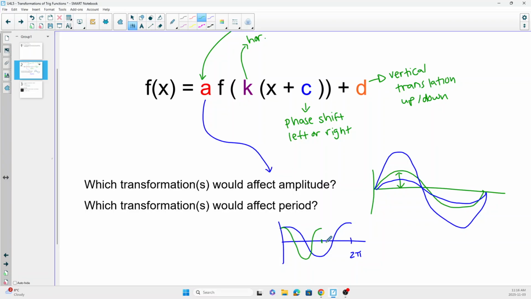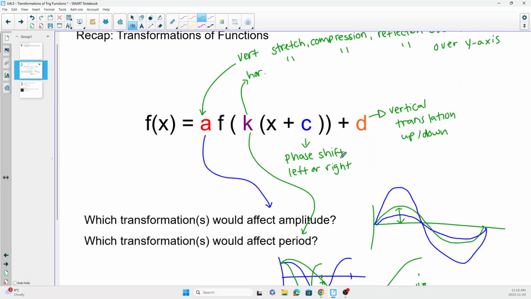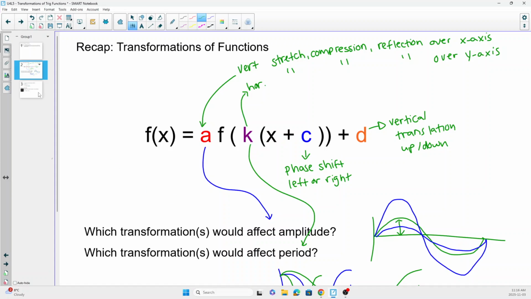Now maybe the period is only pi instead of 2 pi, or a horizontal stretch where this is now the halfway mark and the one full rotation is over here at 4 pi. And that means that our k value, or our horizontal stretch compressions, will impact the period. So keep that in mind as you're going through the activity today.